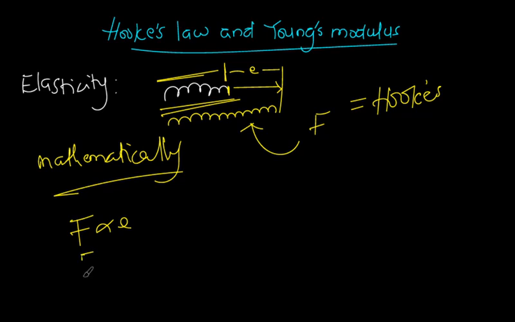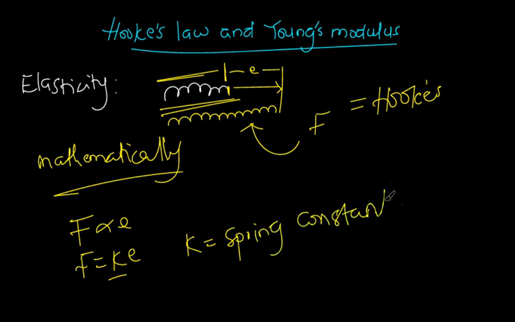So we have force equal to Ke, where K is our constant of proportionality, which in this case is what we call the spring constant. It has the unit of newton per meter, or N m inverse.